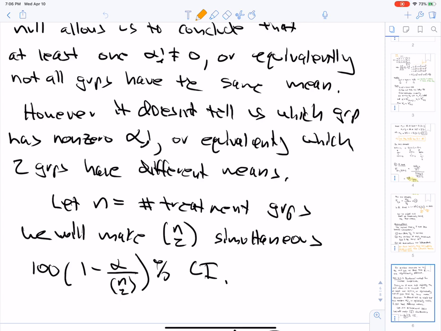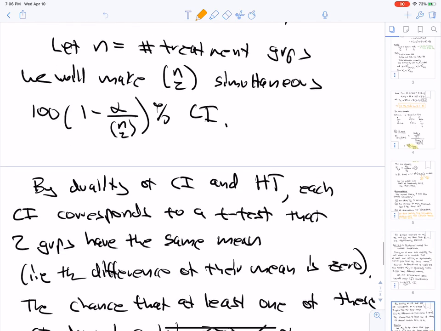So we're going to make n choose 2 simultaneous confidence intervals. It's n choose 2 because these are all the pairs of groups that we can choose.